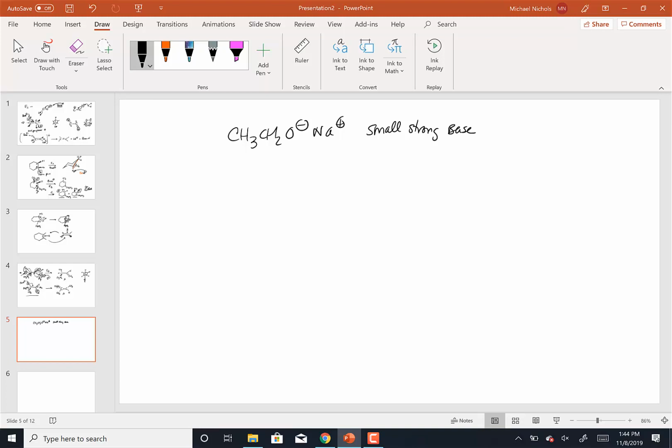So every time you have a strong base, you have a strong nucleophile, which leads us into the gray area of, is it going to react as a base or is it going to react as a nucleophile? And if the answer is both, then all of our rules are just down the drain. So before we get to that point, let's just say this is going to be a strong base for the moment.